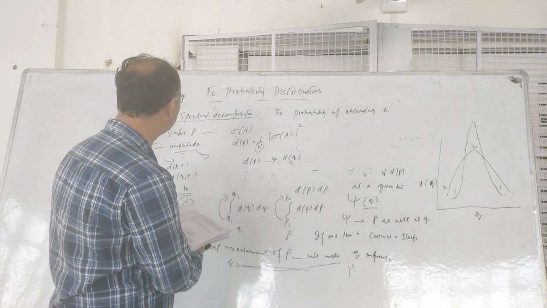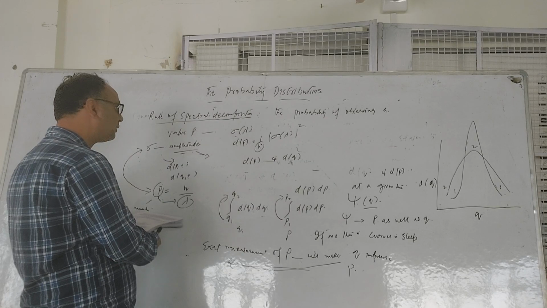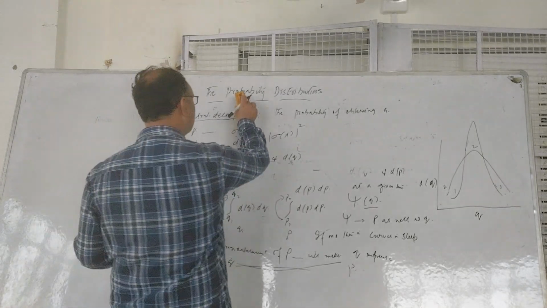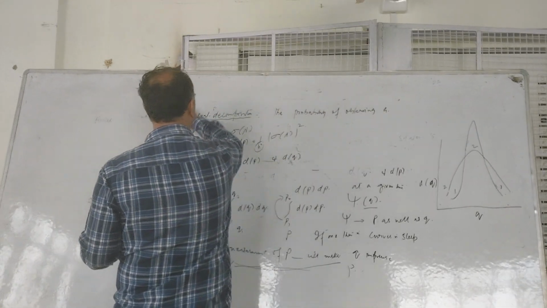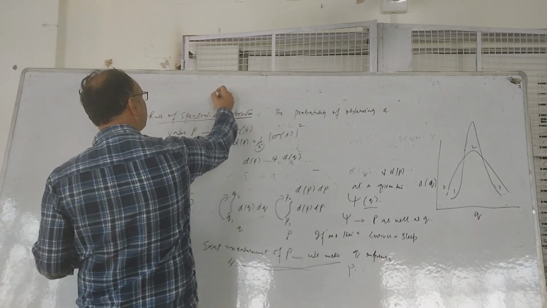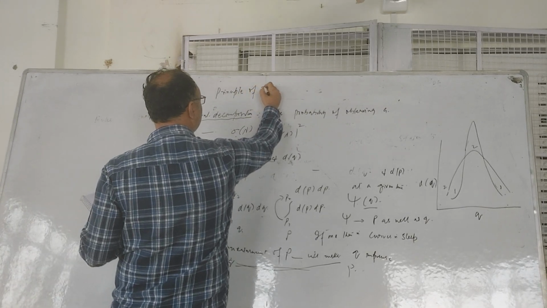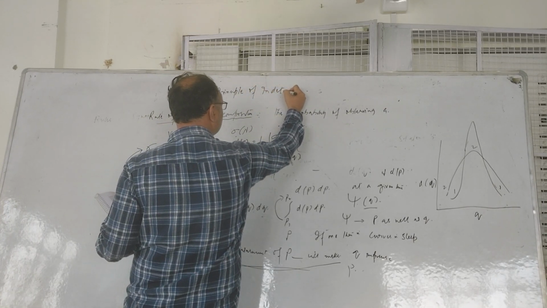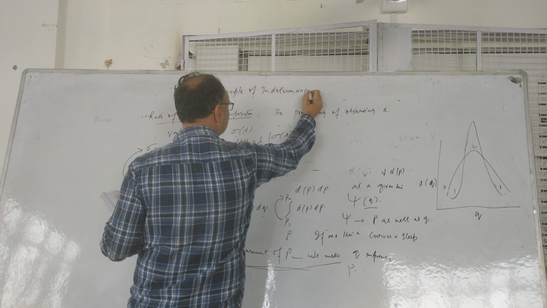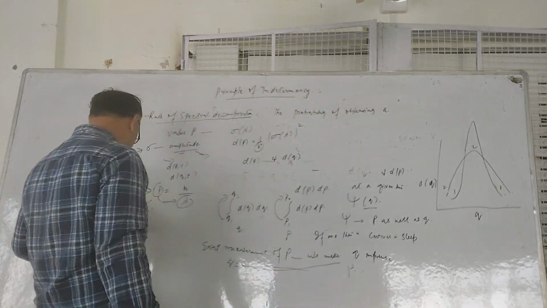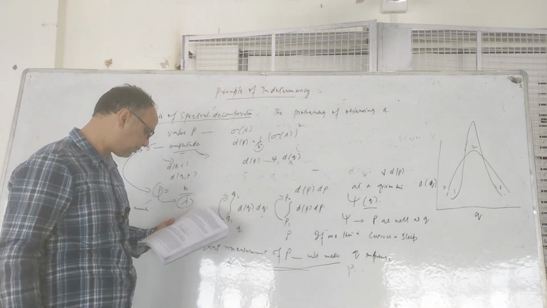Now, if we want to have, for example, how we can have this principle of indeterminacy, that we cannot determine things. Where does this come from?